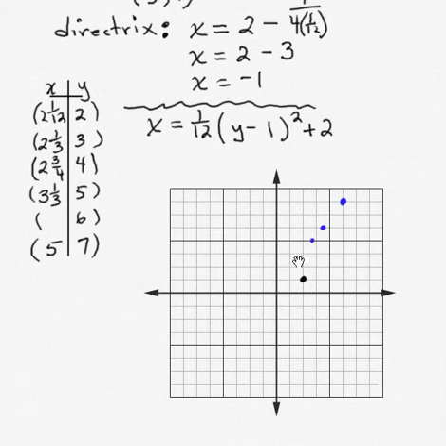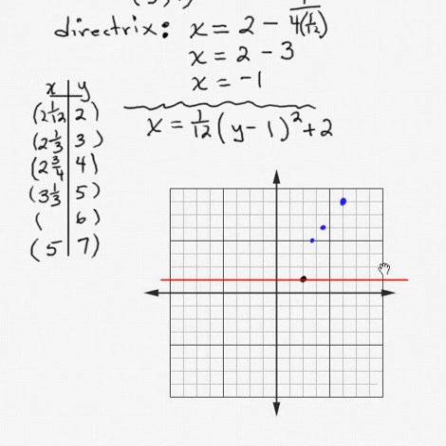And then here's some other points that we have that do have some fractions in. So we've got the x value of 2 3/4, which has a y value of 4. And then we have 3 1/3, which has a y value of 5. So that gives us an idea of what one side of our parabola is going to look like.